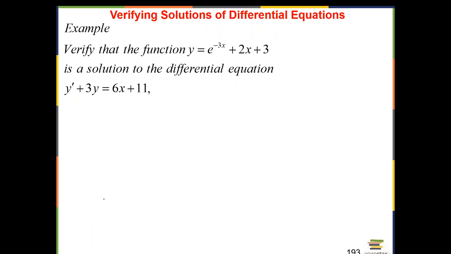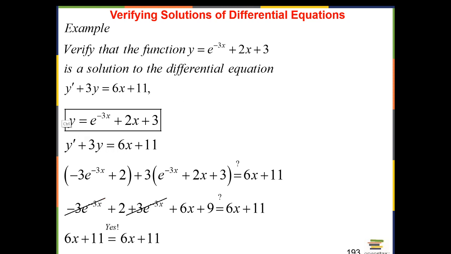So let's do that. We're going to take this, and we're going to take the derivative of it, and put it here. That's y prime. The derivative of e to the negative 3x is e to the negative 3x times negative 3, right? The derivative of 2x is 2. So that's y prime plus 3 times the function itself.